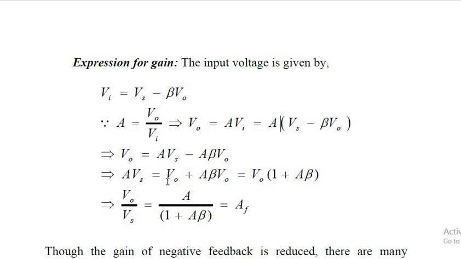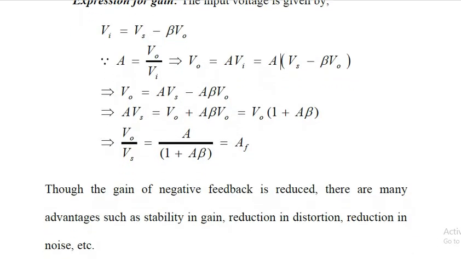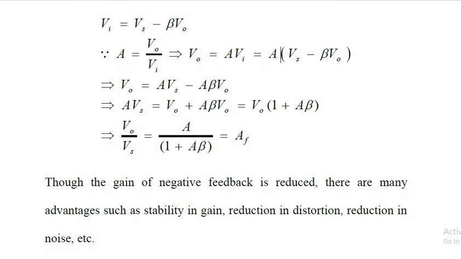Now group the Vo terms. So AVs is equal to Vo plus A beta Vo. That's equal to, taking Vo outside, Vo into 1 plus A beta. Vo by Vs is equal to A by 1 plus A beta. This we get by cross multiplying the above equation. That's equal to AF, where AF is the overall gain of the op-amp with negative feedback.